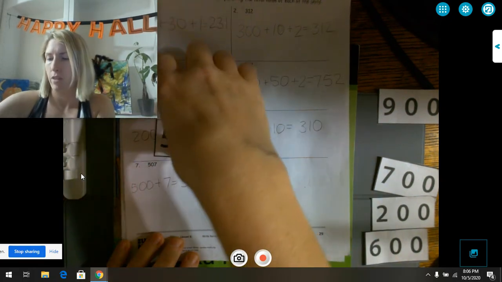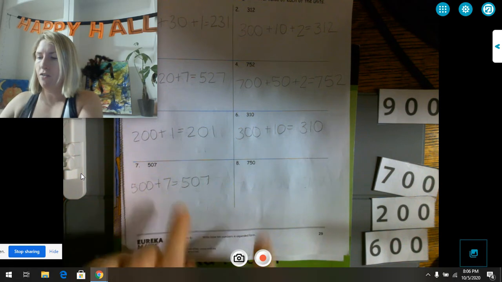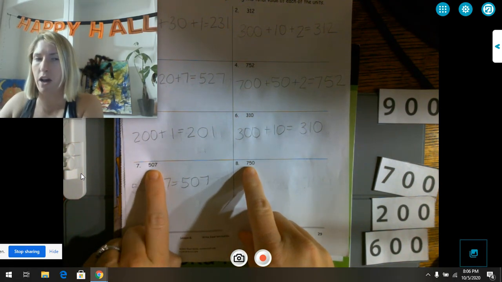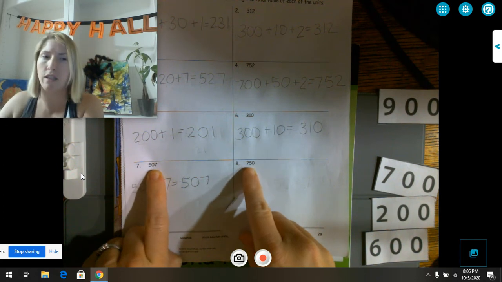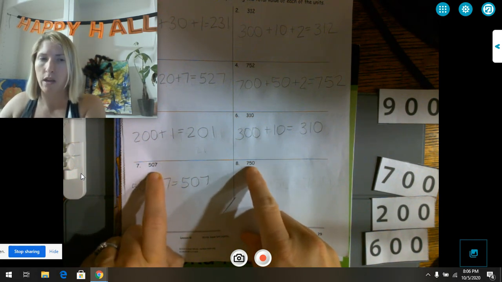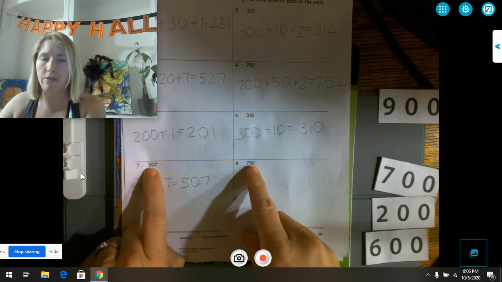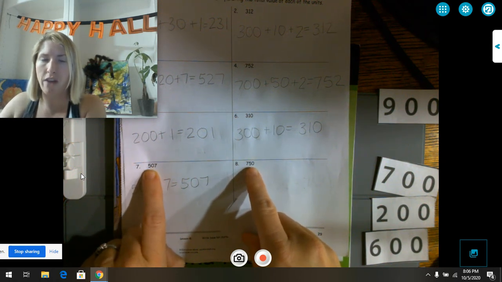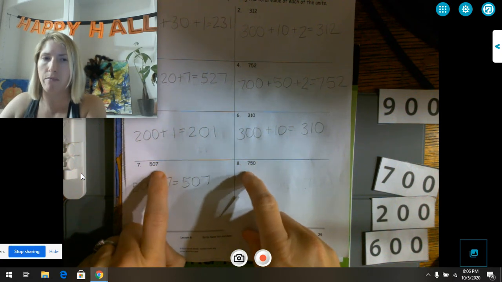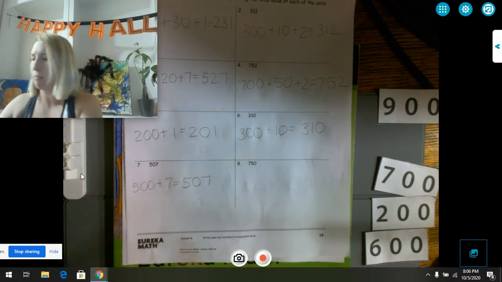Very different. All right, next one, 750. Look, these are the same numbers, both of these numbers have a 7 and a 5 and a 0, except they're very different numbers because those individual numbers are in different spots on the place value chart. So 500s is very different than 700s, even though they have the same numbers in there, right?